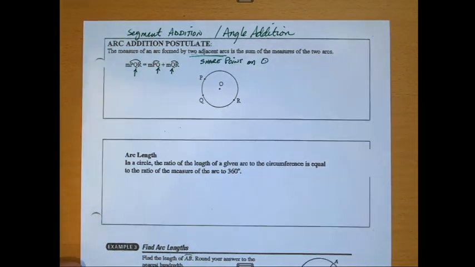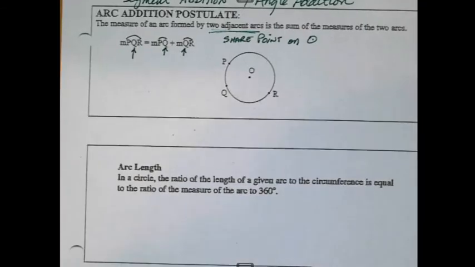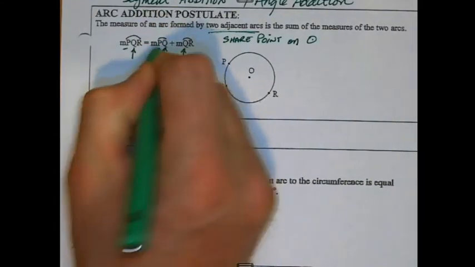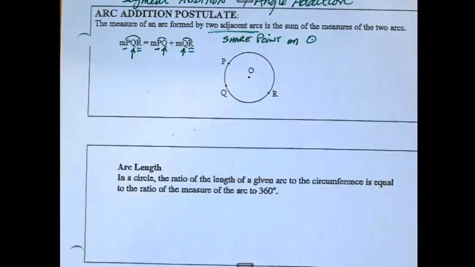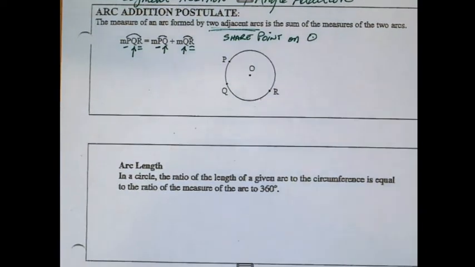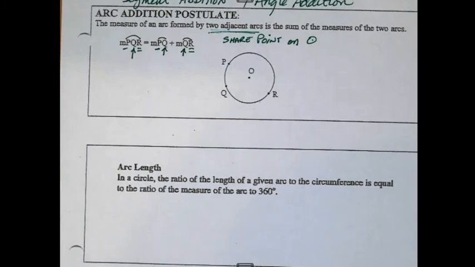So when I'm naming that, I'm looking for P, which starts here and goes to R, which ends there. It bookends, just like angles. Remember with angles, we looked at what letter they have in common.